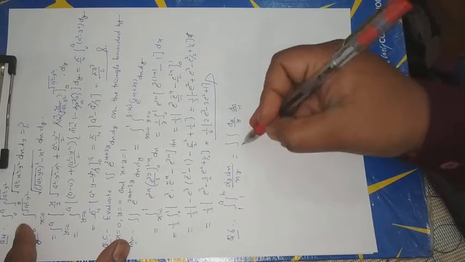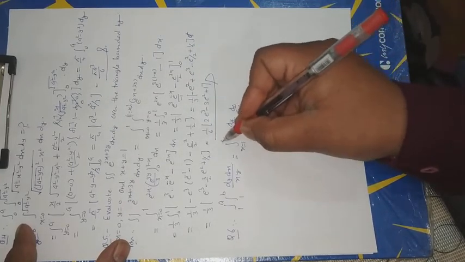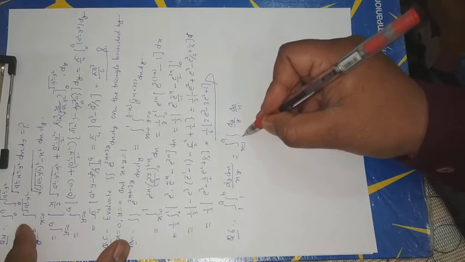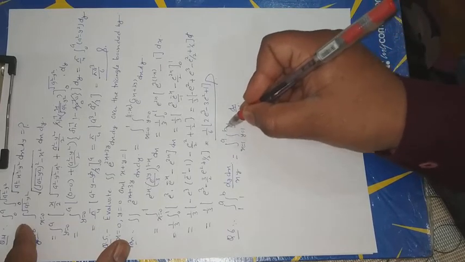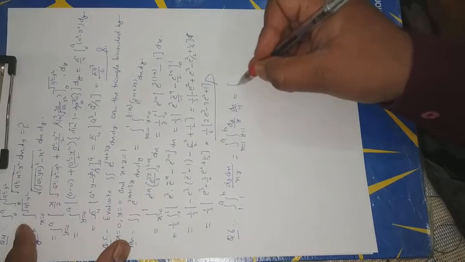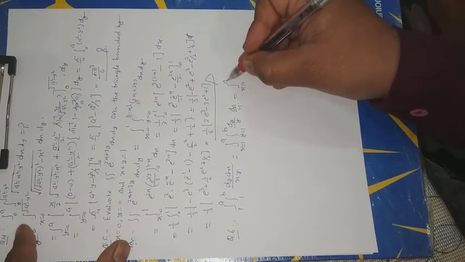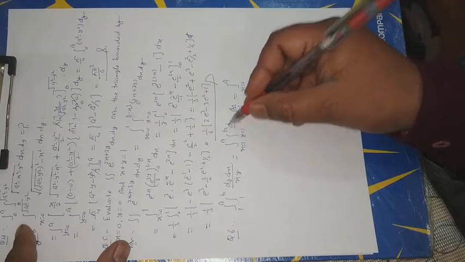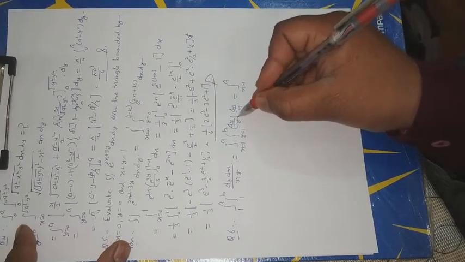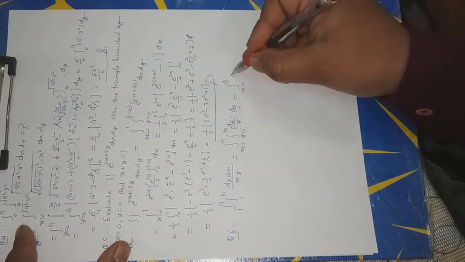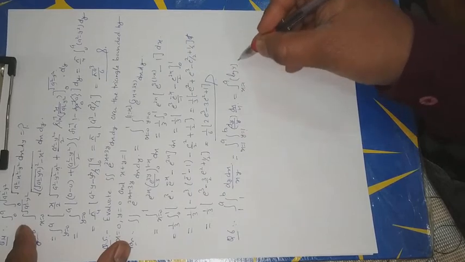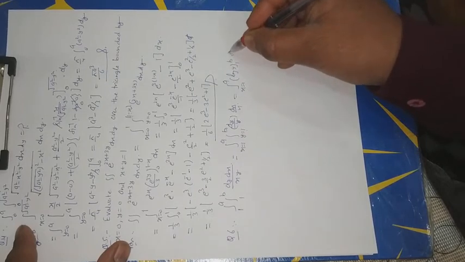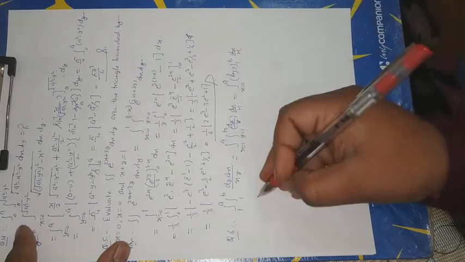The limit of x is 1 to a, the limit of y is 1 to b. Now integrate with respect to y first: log y, 1 to b, dx upon x.